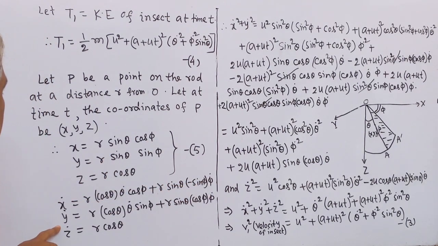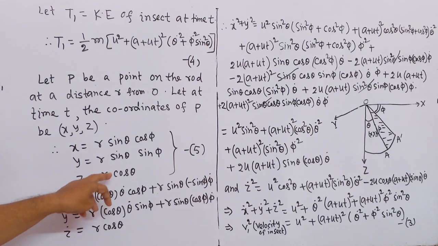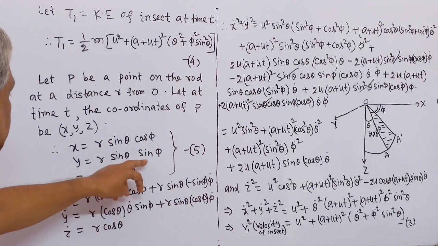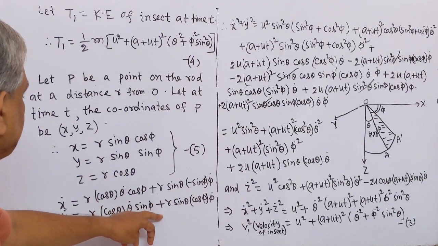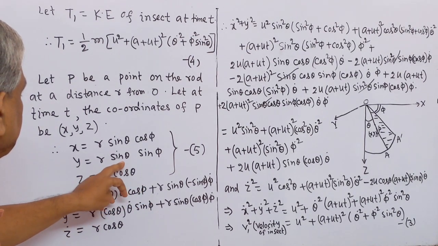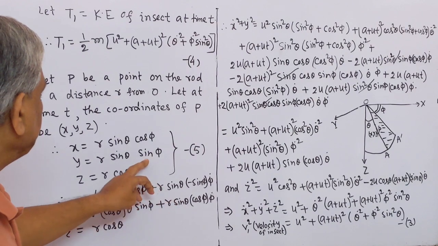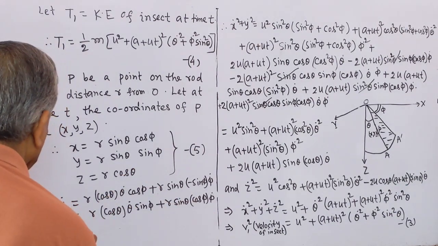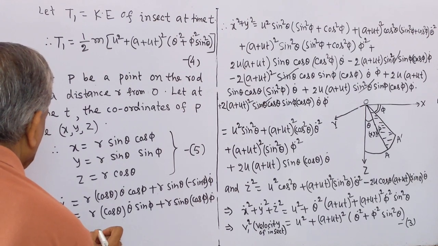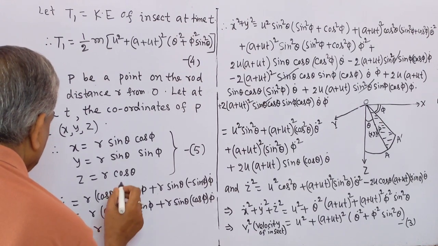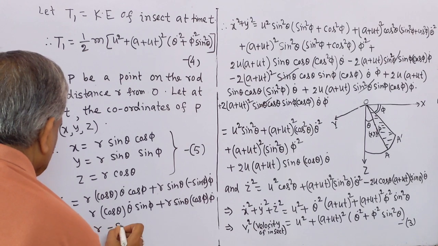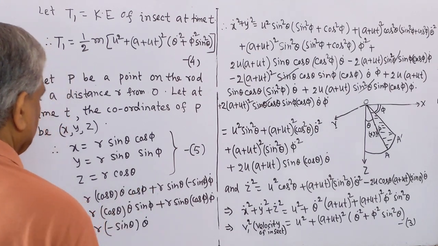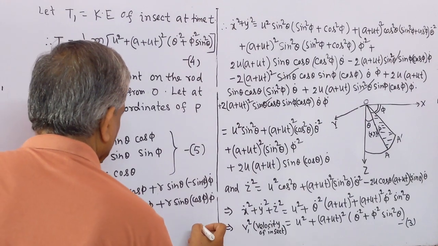Similarly, y dot equals r, differentiation of sin theta is cos theta, theta dot, sin phi remains the same, plus r sin theta remains the same, differentiation of sin phi is cos phi, phi dot. And z dot equals r, differentiation of cos theta is minus sin theta, theta dot. This is number 6.